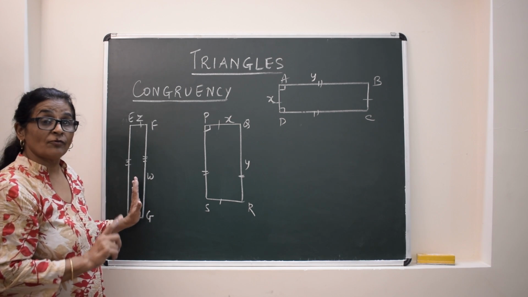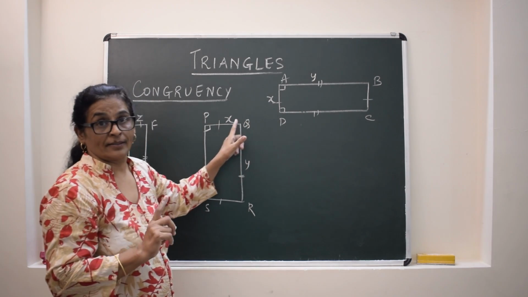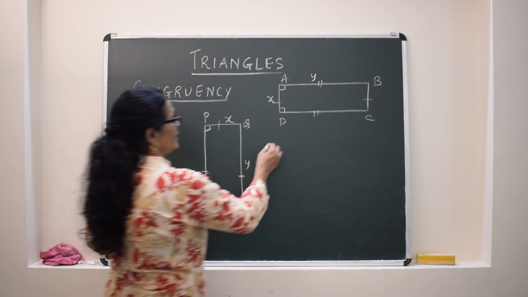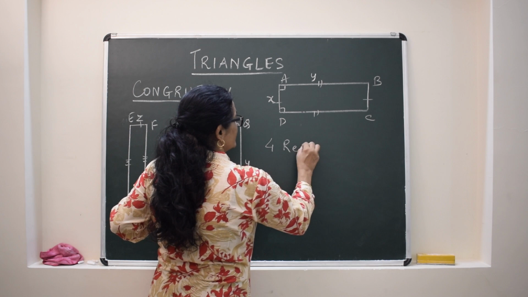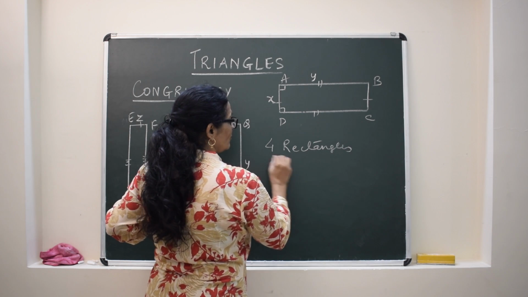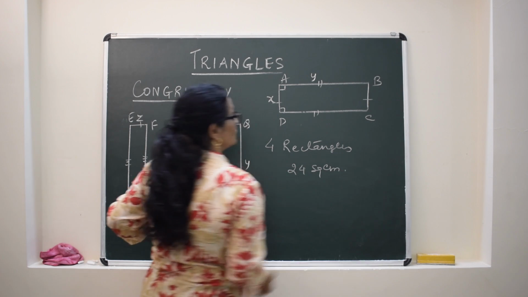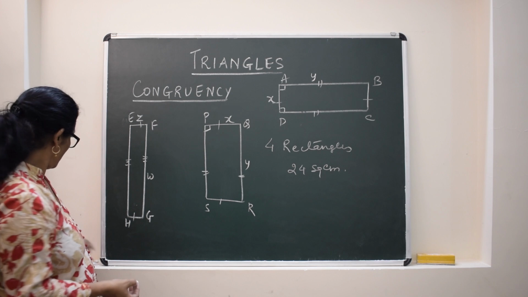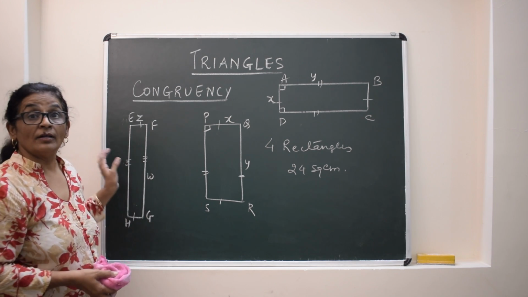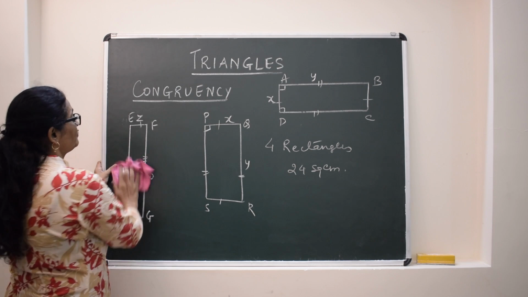So what matters for a rectangle? The length and the breadth. But if I say there are 4 rectangles and the area of these 4 rectangles is 24 square centimeters, all 4 may or may not be congruent. I'll give you the example.